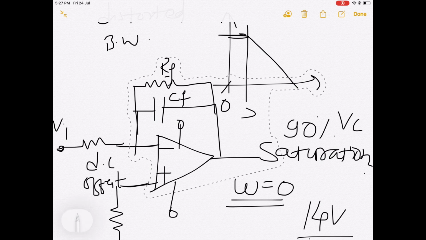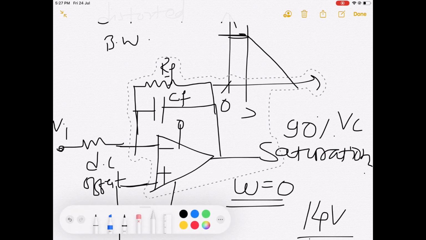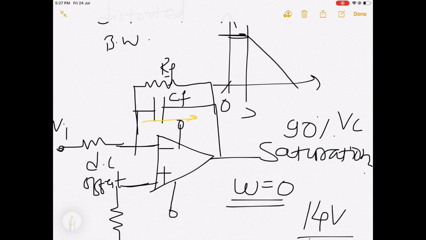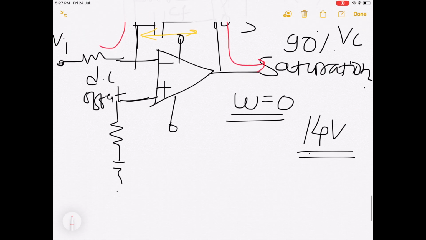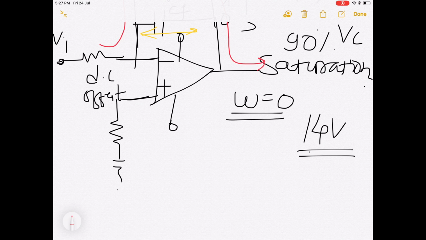Okay. So, here, indicating that current, suppose when f equal to 0, there is no path here. Okay. So, that current will pass through this Rf and to the output. Okay. So, this will avoid the saturation of the op-amp.